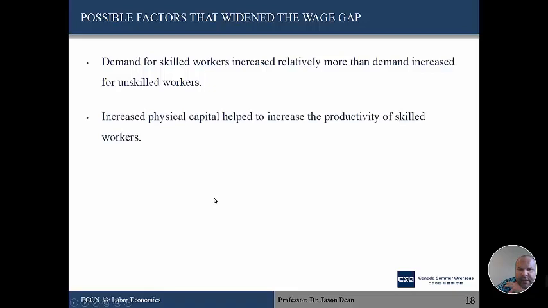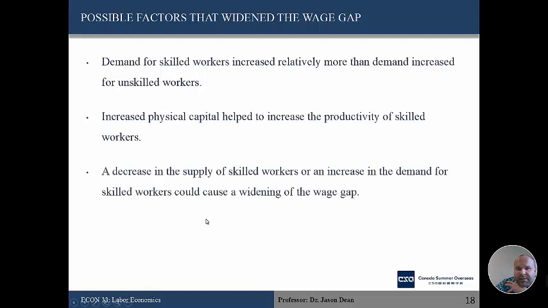There's also increased physical capital in manufacturing firms that is used to increase the productivity of skilled workers, not unskilled workers. And there's a decrease in the supply of skilled workers or an increase in the demand for skilled workers. So, of course, a decrease in the supply or an increase in the demand could cause a widening of the gap.